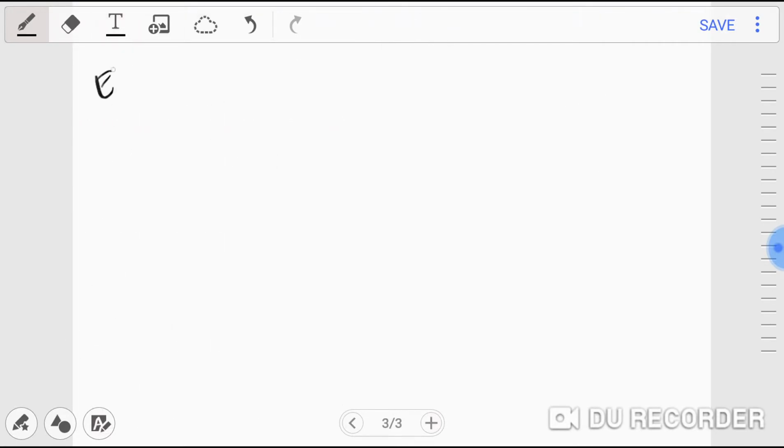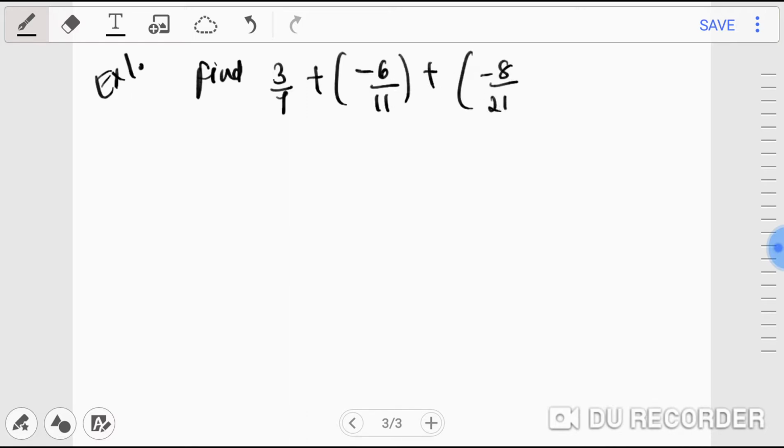We have example number 1, which says: find 3 upon 7 plus minus 6 upon 11 plus minus 8 upon 21 plus 5 upon 22.